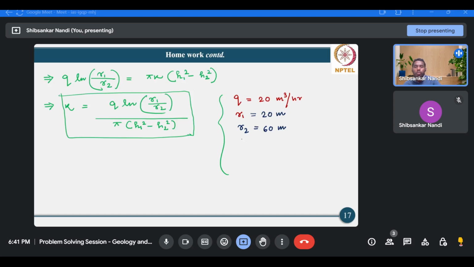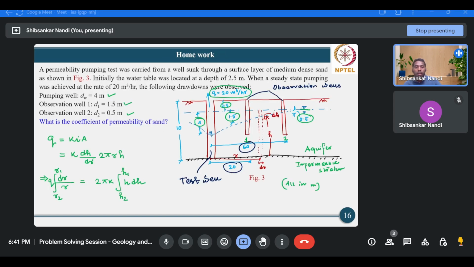And coming to H1 and H2, this is basically the drawdown water table.